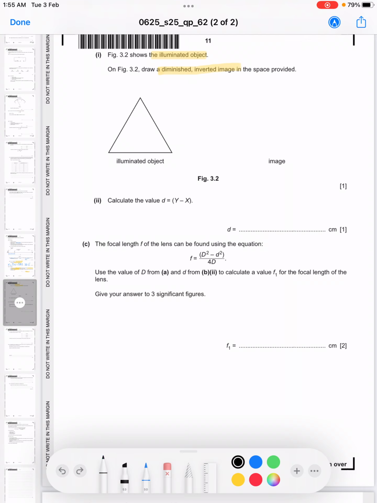It is clear from the inverted one that it is inverted, and diminished means it must be smaller in size. So I think I should draw a much smaller image, this one, right? Inverted means upside down, and diminished means small.